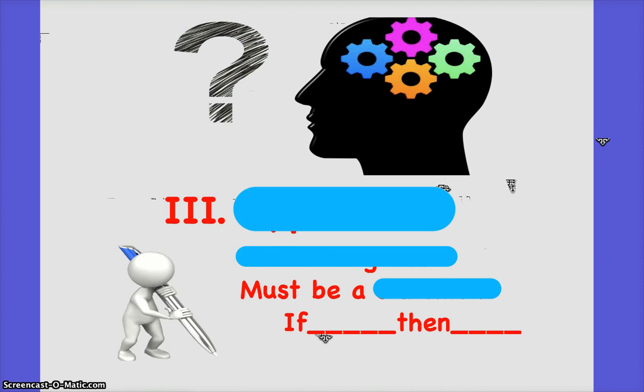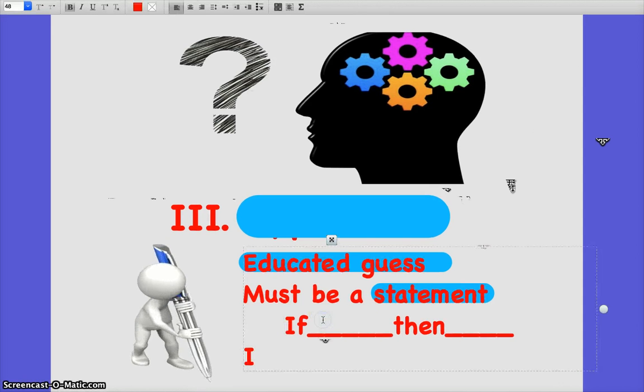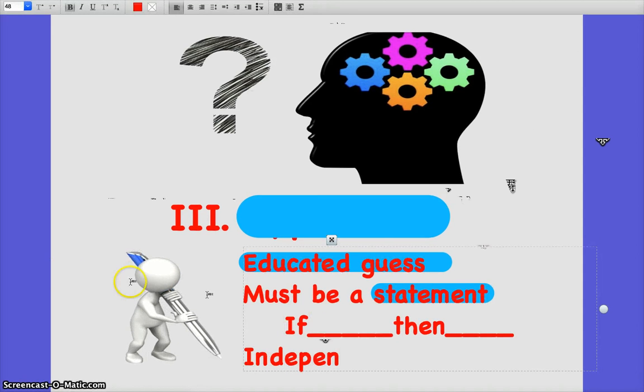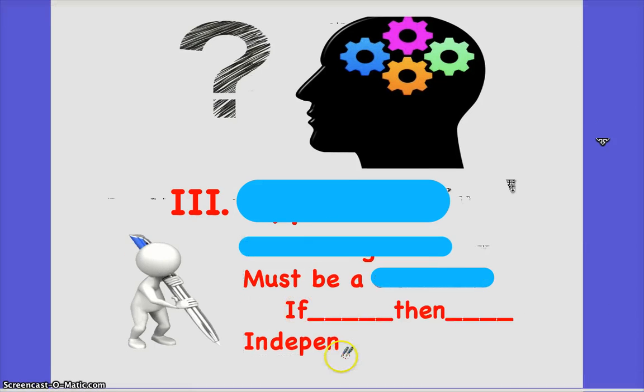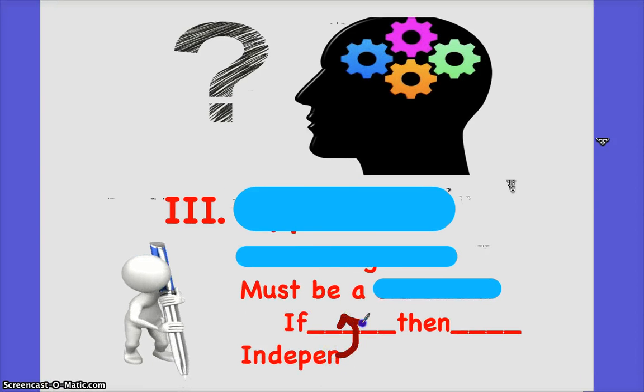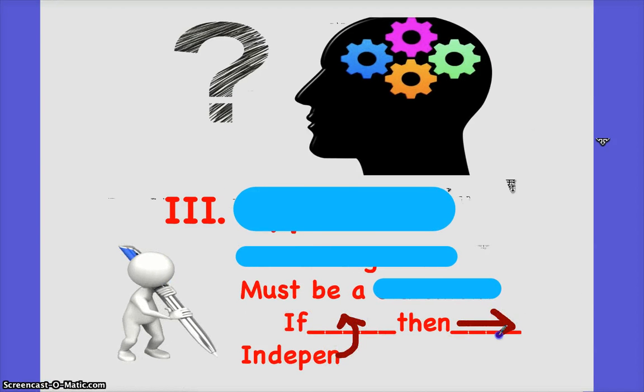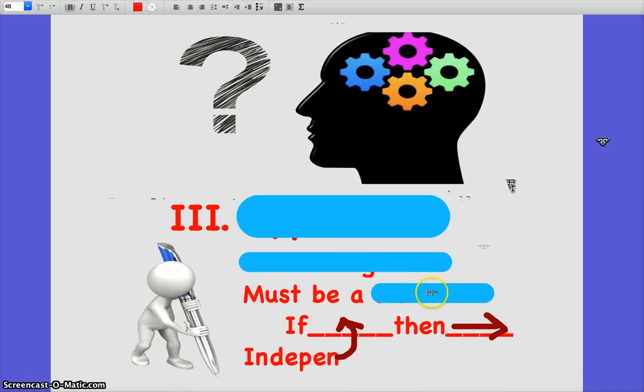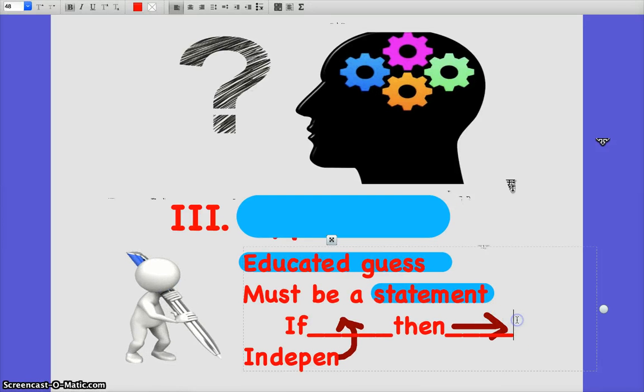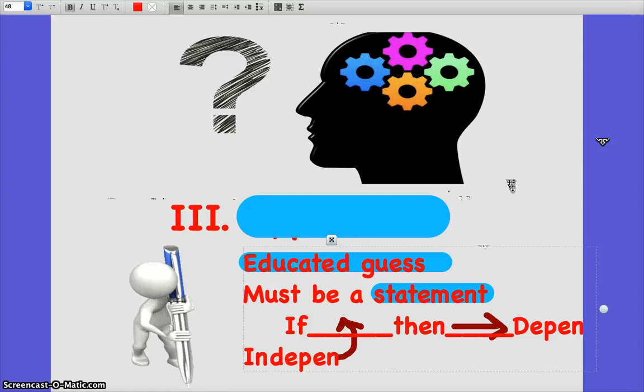So if I do this, independent, right here, then this will happen, so that's my result, my dependent variable. It has to be a good hypothesis. If it's written correctly, it'll have those factors.